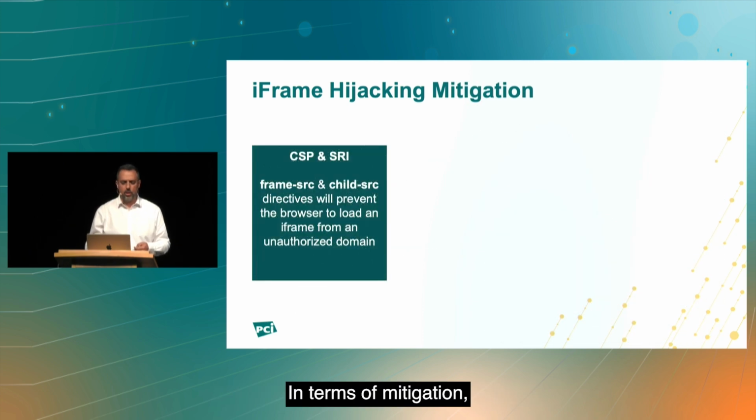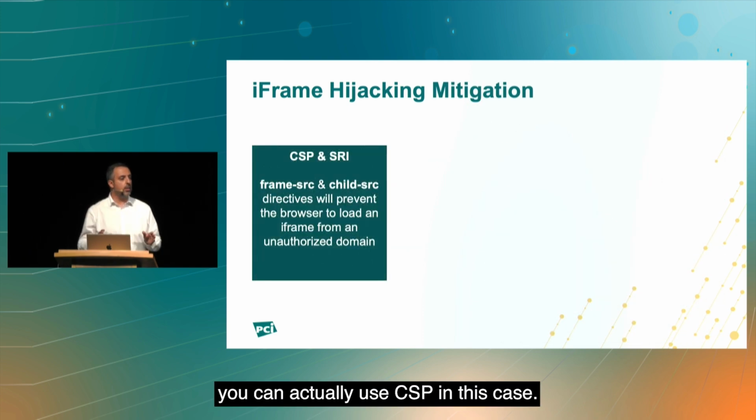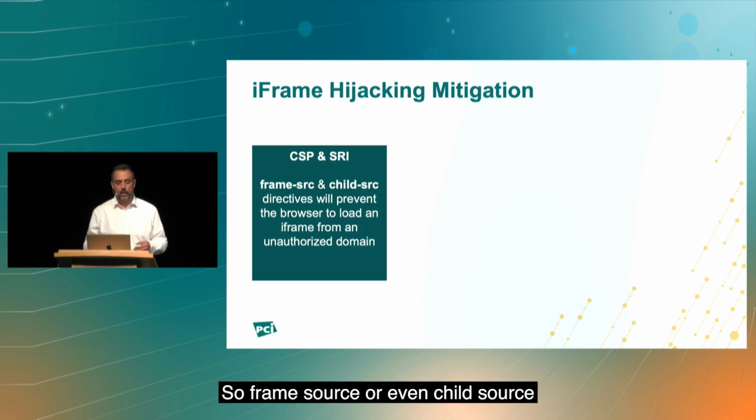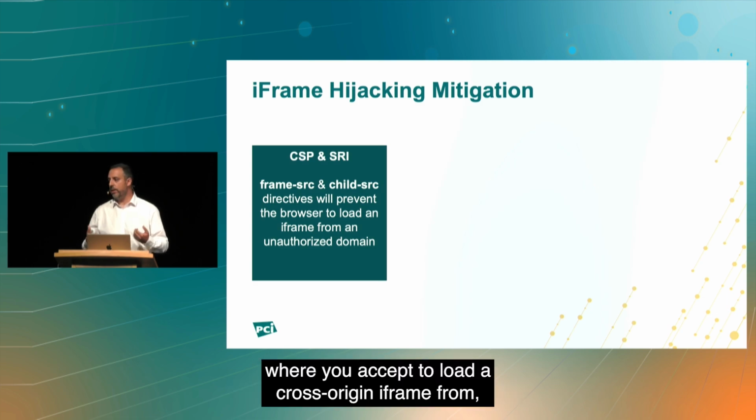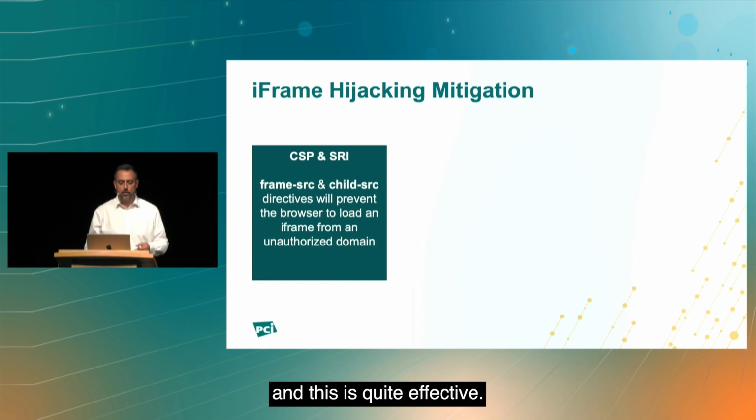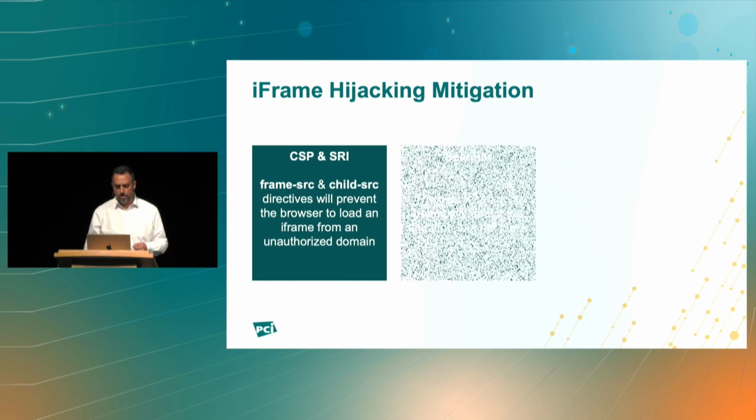In terms of mitigation, you can actually use CSP in this case. So frame-src or even child-src will create an allow list of domains where you accept to load a cross-origin iFrame from, and this is quite effective.